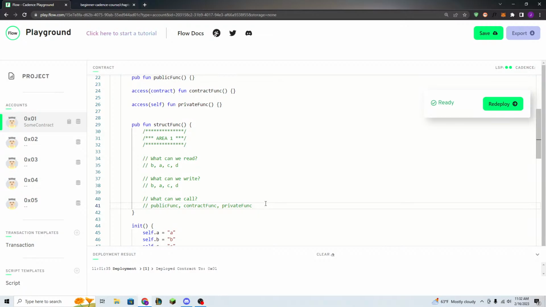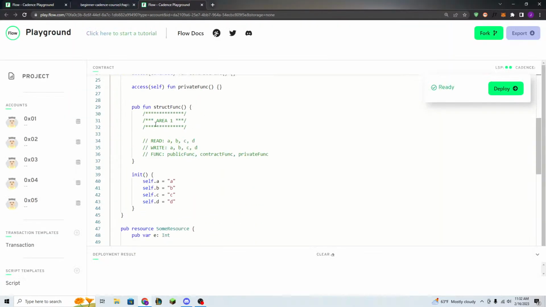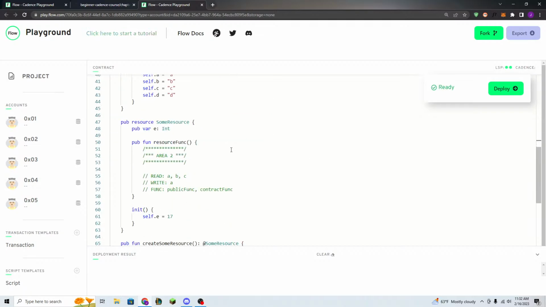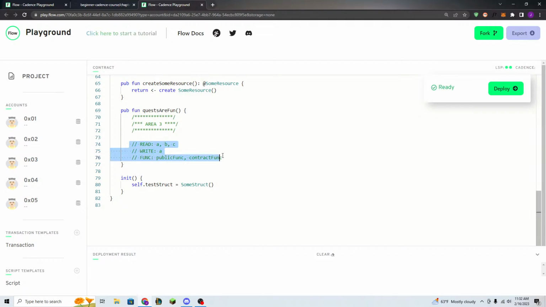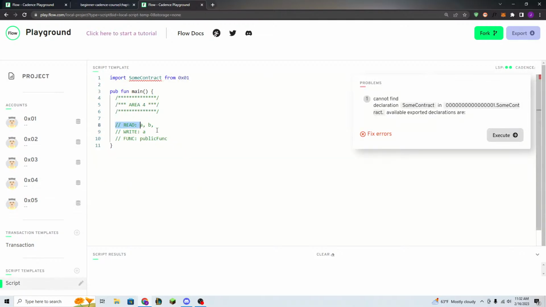But yeah, let's take a look. Let's see if you got it right. So we got read, write, and func. Perfect. We got read, write, and this is all correct. Yep, we got read, write, and func. This is also correct. And lastly, we have read, write, and polyfunc.